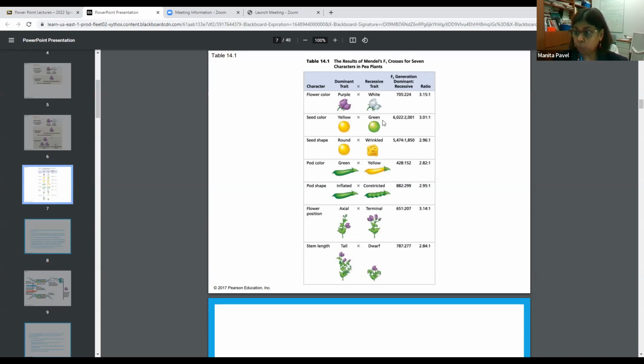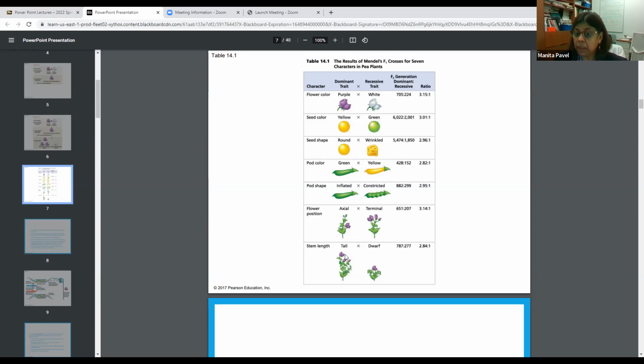Round begins with the letter R, capital R, lowercase r, spelling of the same. You're writing the same letter in lowercase form. Now pod color, capital G, lowercase g for yellow. Inflated and axial, we won't write any genotypes.